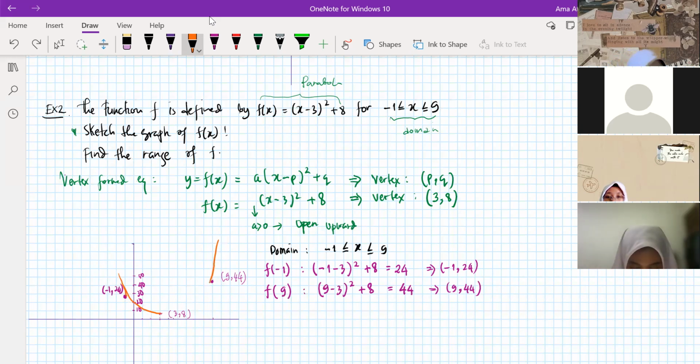This is the vertex. Okay, so let's say this is 9 comma 44, and I will clean this one. Okay, like this.